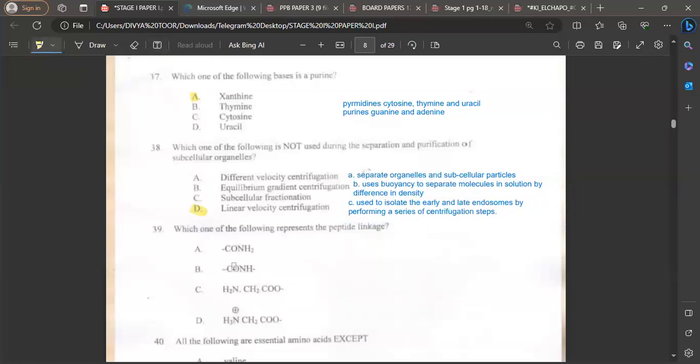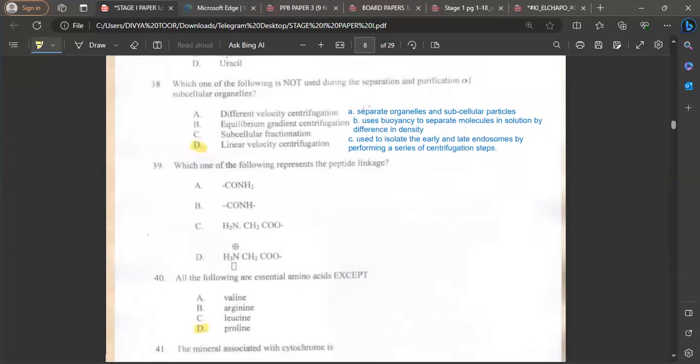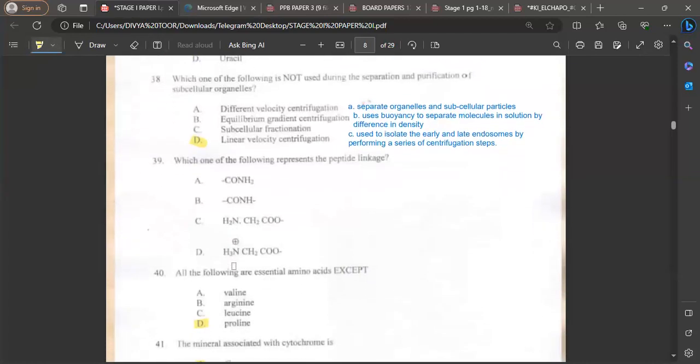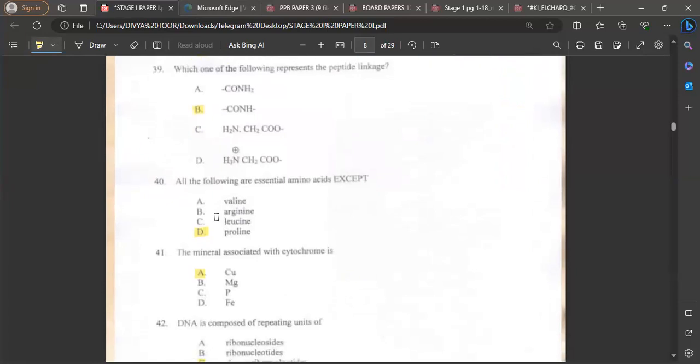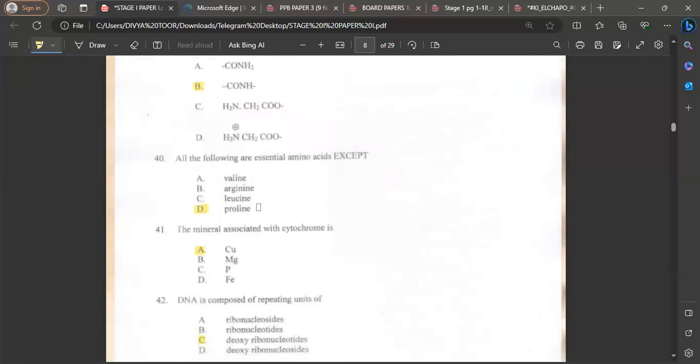Okay, so which of the following represents the peptide linkage? We had answered this. It said choice B. Okay. All the following are essential amino acids except: valine, arginine, leucine, and proline.